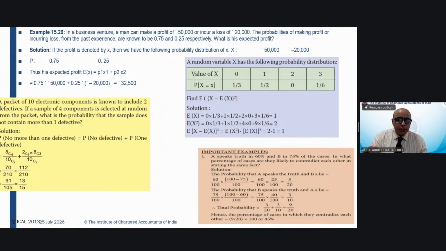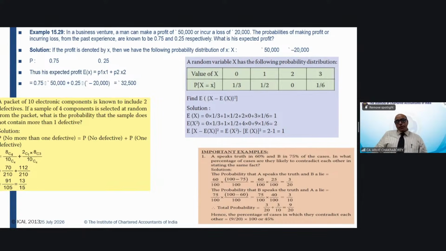What is the complementary event? The event that B does not speak the truth. That means B is uttering a lie. That is how much? 1 minus 75 by 100, that is 25 by 100. So the joint probability that A speaks the truth and B is lying, this is given by 60 by 100 into 25 by 100. You get 3 by 20, first part.